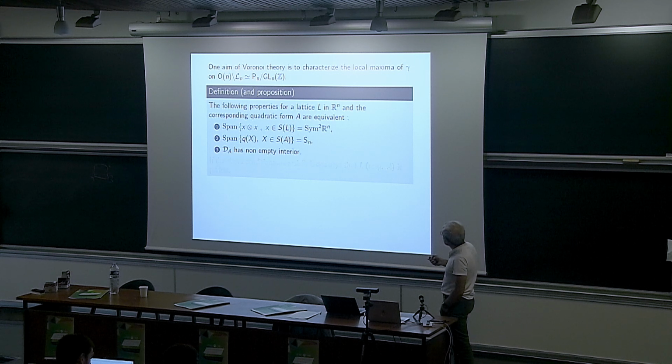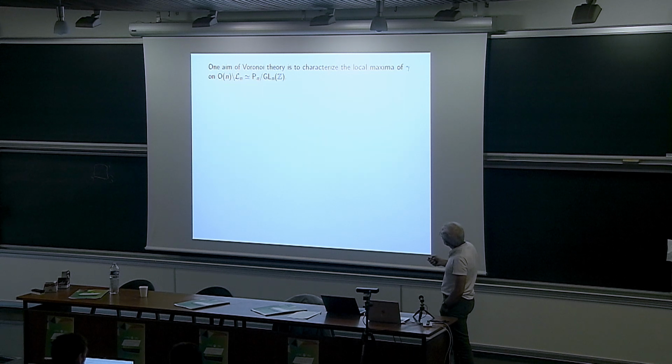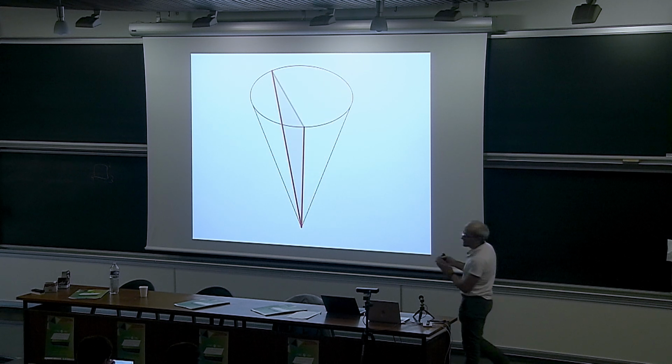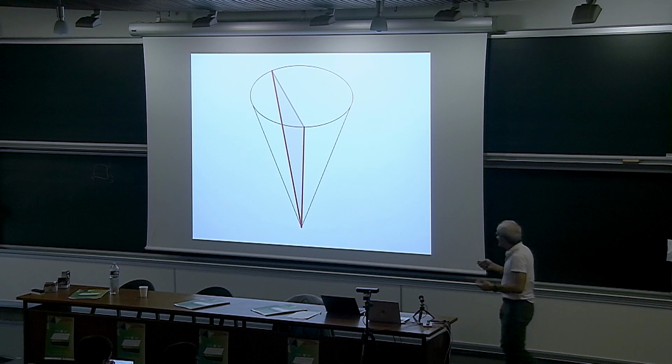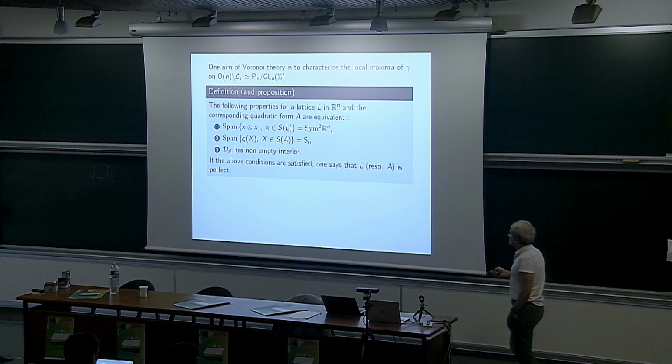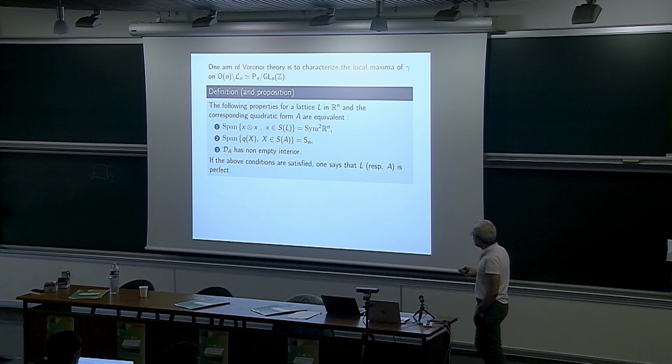So for instance, in the previous slide, this one is perfect in this situation. It has a non-empty interior, but this one is not because it has an empty interior. So this is the definition of the Voronoi domain.